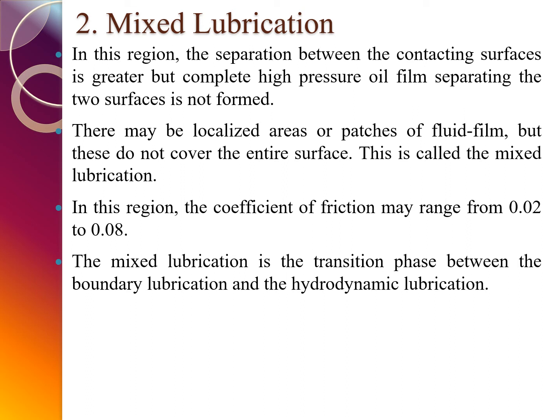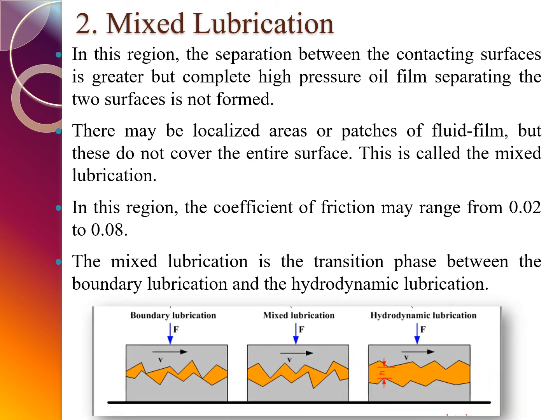It is less than thin film lubrication, the first regime, and greater than the next, hydrodynamic lubrication or thick film fluid lubrication. The mixed lubrication is the transition phase between boundary lubrication and hydrodynamic lubrication. In the second structure, for mixed lubrication, we can see in some patches thick film is generated, but in some places thin film lubrication is there.